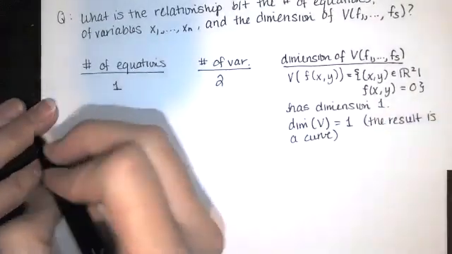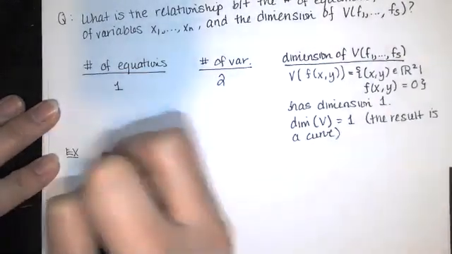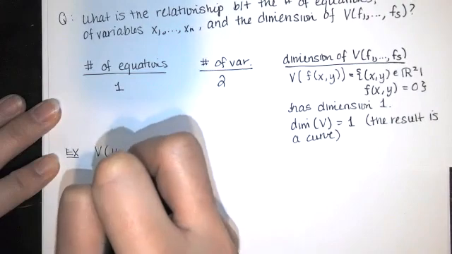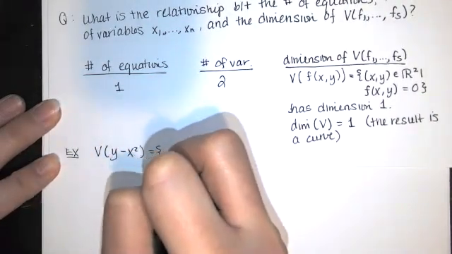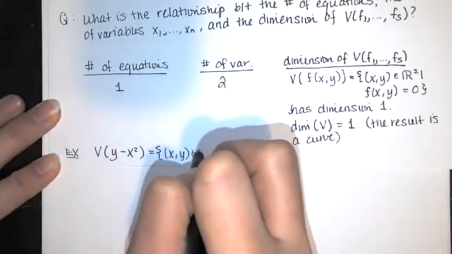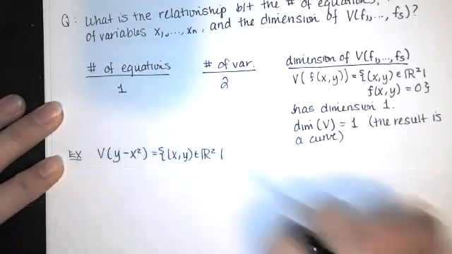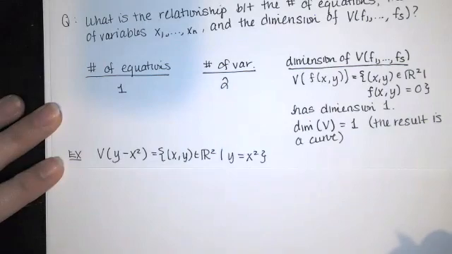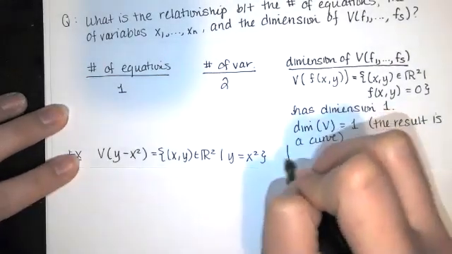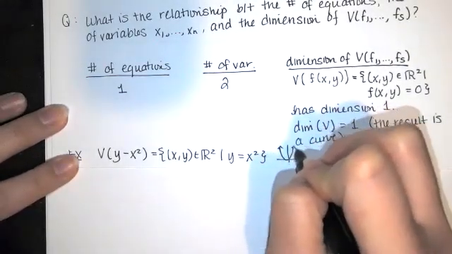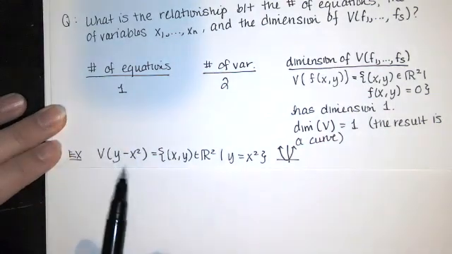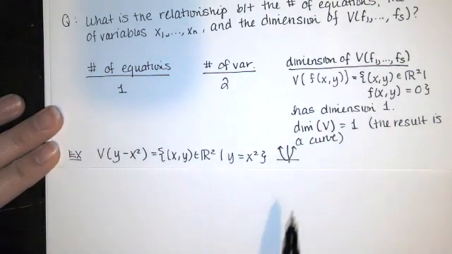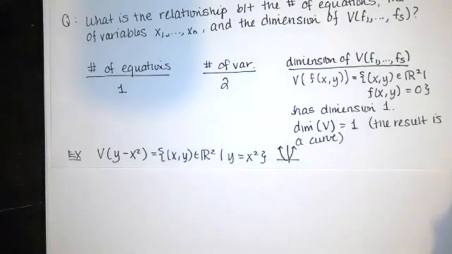So we looked at examples like this last time. If we have V of y minus x squared here, that's a set of all points in the xy plane such that y minus x squared is equal to 0. And if we add x squared to both sides, we get y equals x squared. So I've got a polynomial in two variables, and that leads to a one-dimensional object.